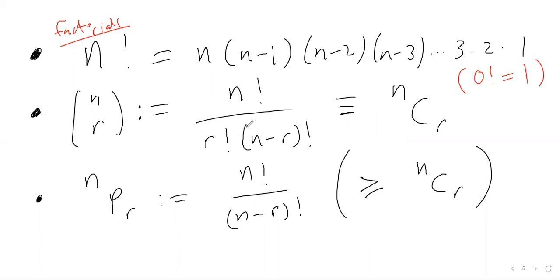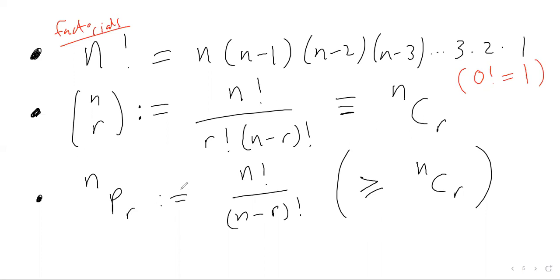So if you've got 10 marbles and you want to choose 5 of those marbles, there are 10 choose 5 ways in which you could pick those marbles. The formula for that is n factorial over r factorial multiplied by (n minus r) factorial. And that's useful in probability calculations.